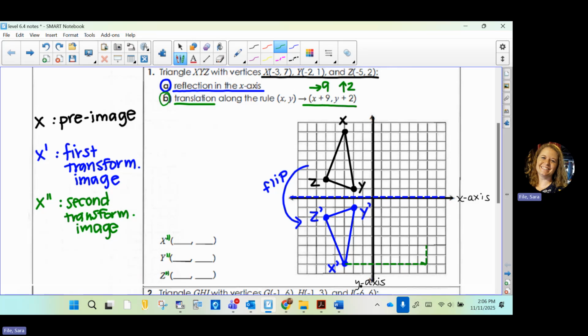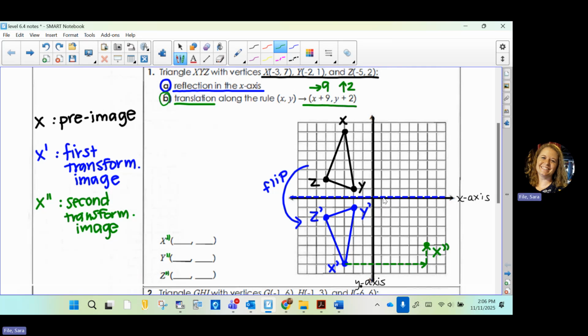All right, so I went right 9, up 2. So that is the new point X. And what are we going to call it? X prime prime. X double prime. Where is that? What are the coordinates of X double prime? From the origin, you have to be able to figure out the coordinates.